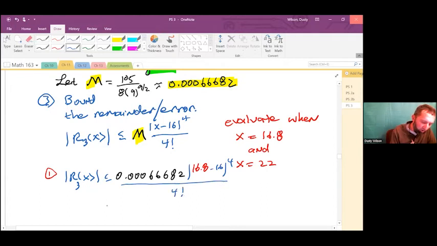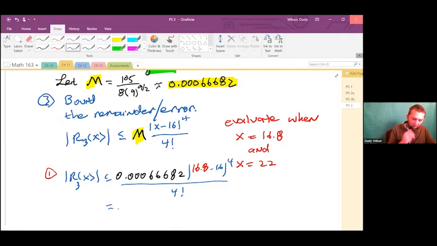Let's crunch this thing. It'll be 0.000668682 times 0.8 to the 4th power divided by 24.